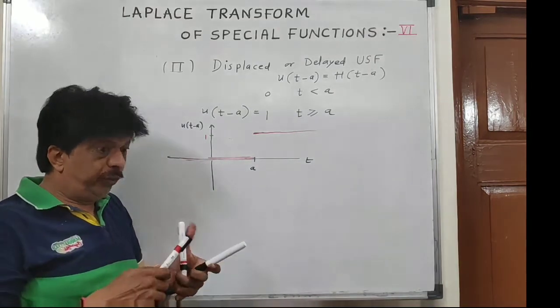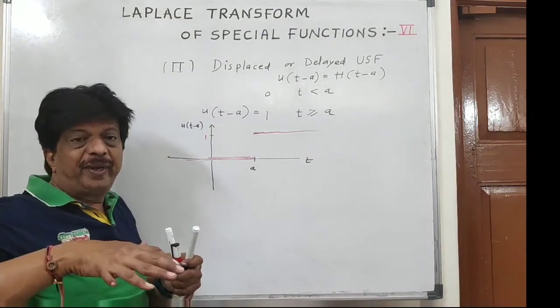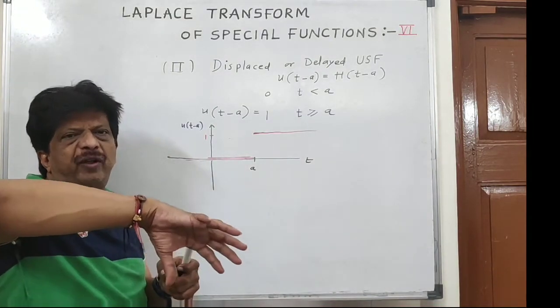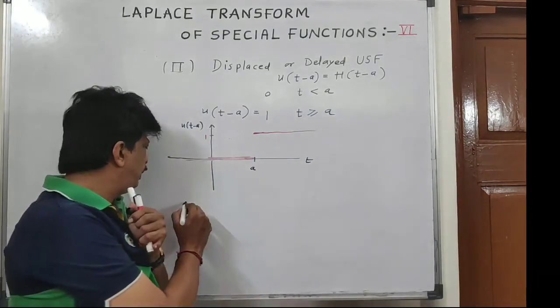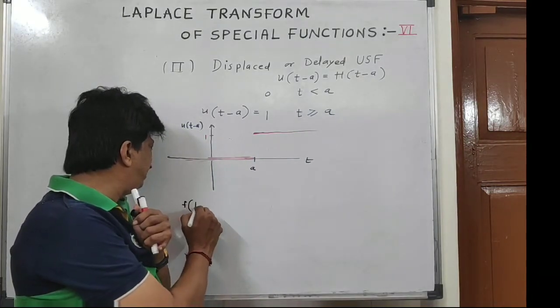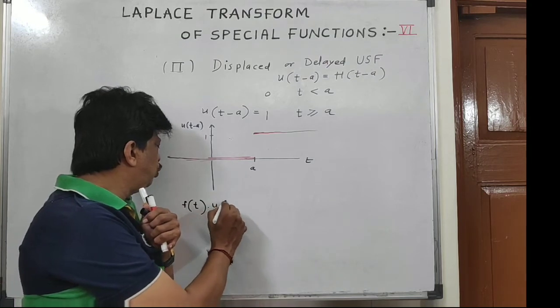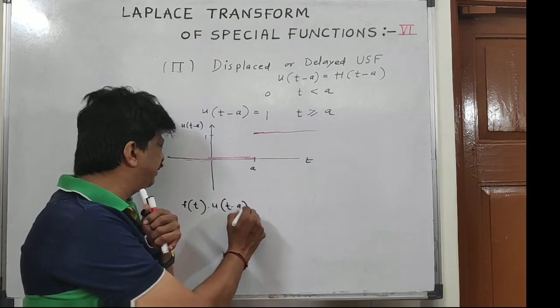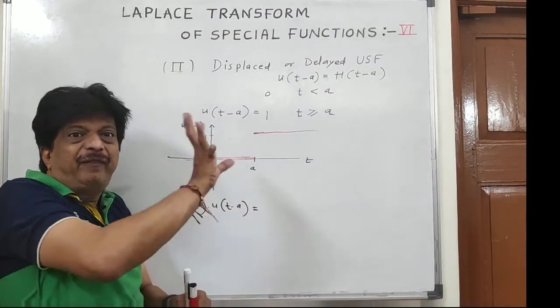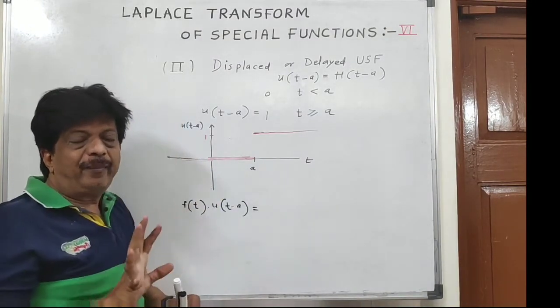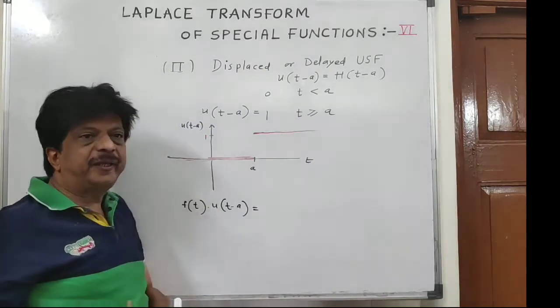Now, the effect of multiplication of any arbitrary function f of t with this function u of t minus a. Consider f of t is any arbitrary function. We have taken a parabola and this u of t minus a.